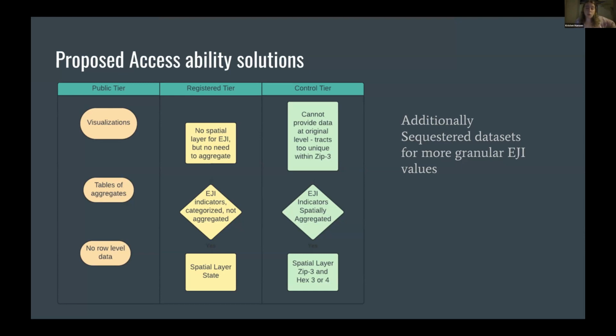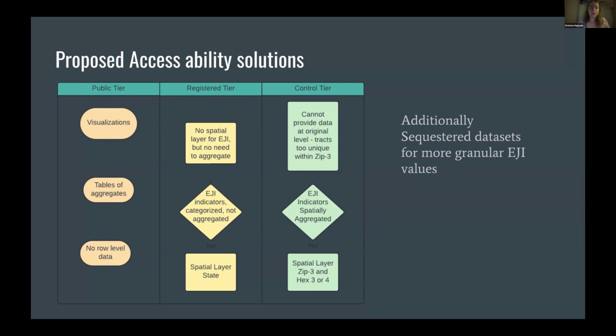And then the control tier is the tier that has the most data. So that has genomic data and all of the survey data from all of us, everything. But we cannot provide the data at the original level at the tracts. They're too unique. So what is sitting in the control tier right now is zip3, which, between you all and me, I hate zip3.